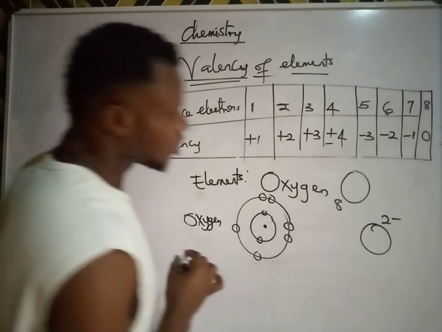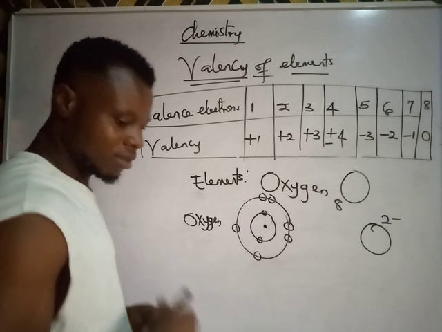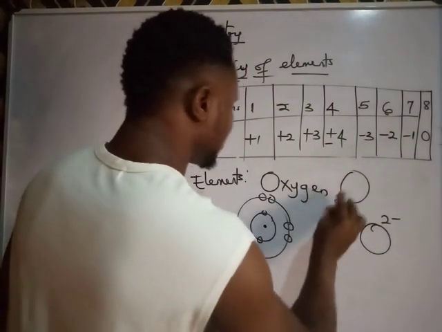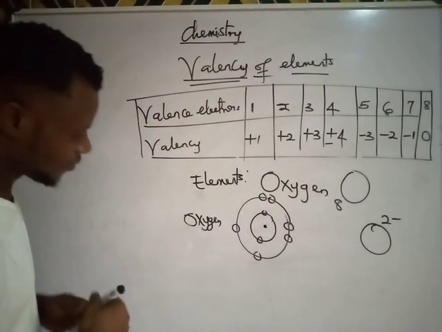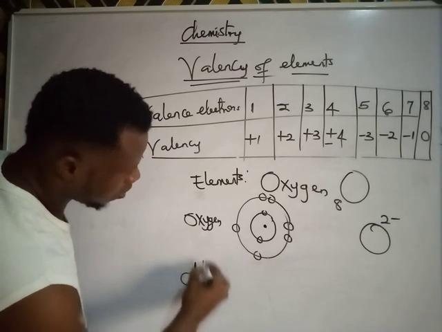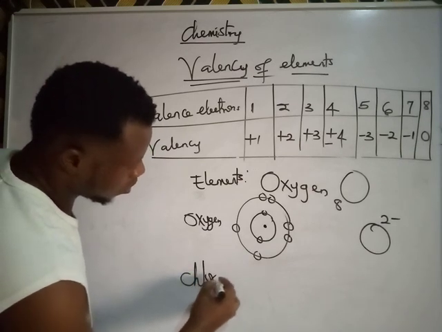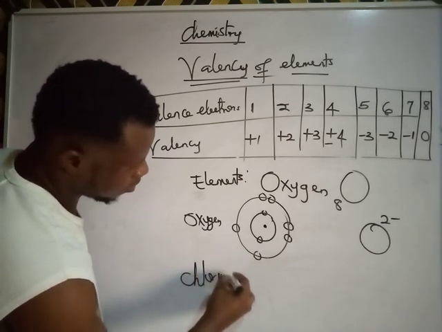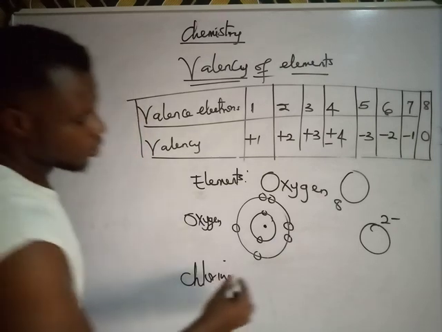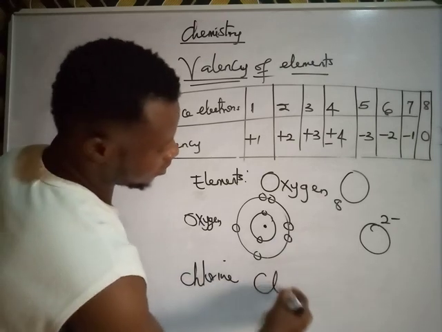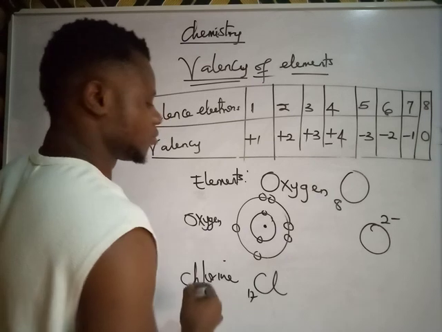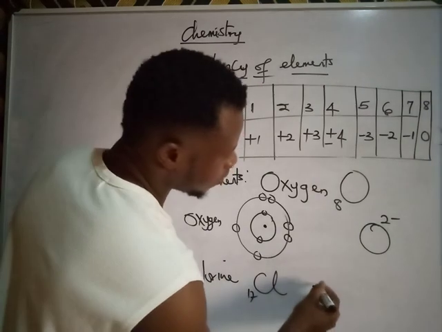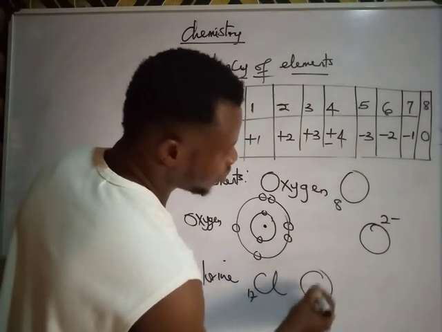Now this one is for oxygen. Let us look at another element like chlorine. Chlorine is number 17. So the first shell is going to contain 2 electrons.